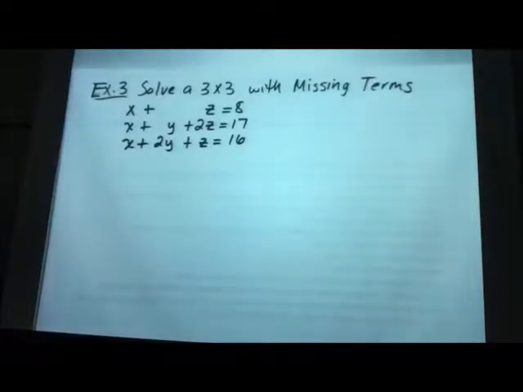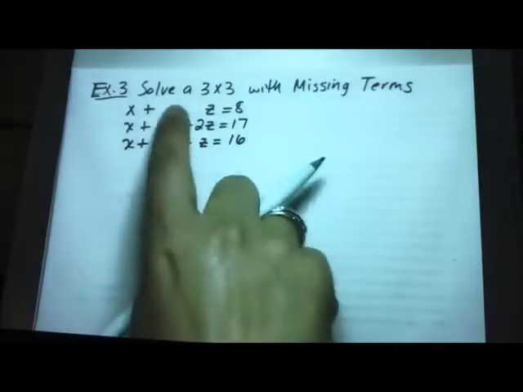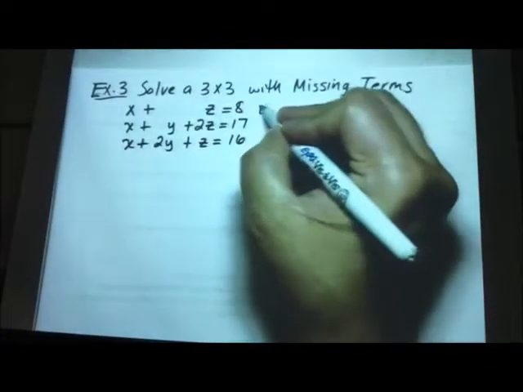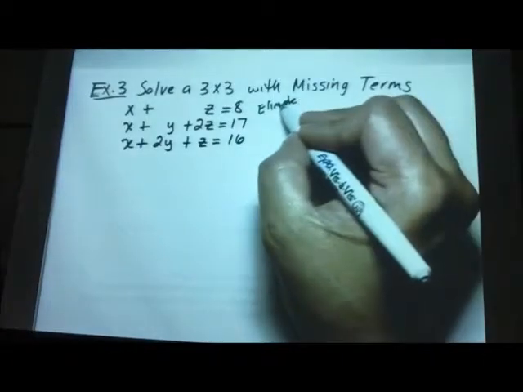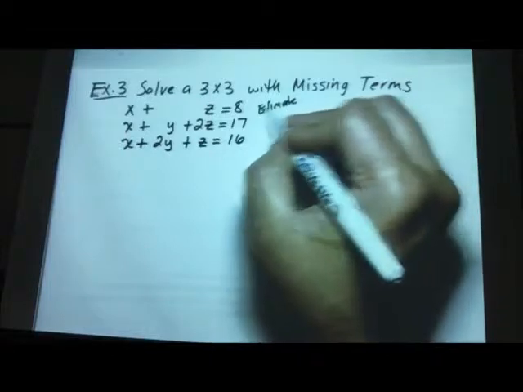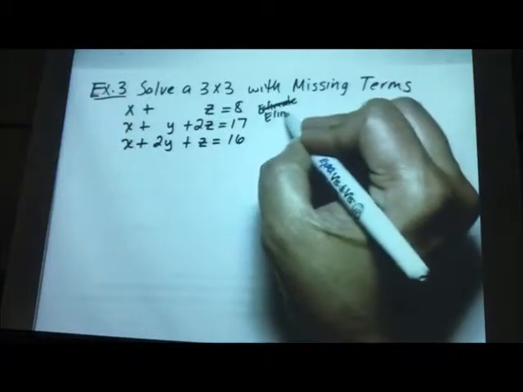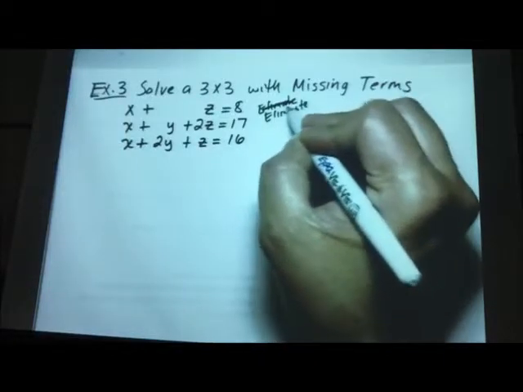So because it is missing a variable, right away you should know which variable you should try to eliminate. In this case, because we're missing a y, we're going to try to eliminate the y.